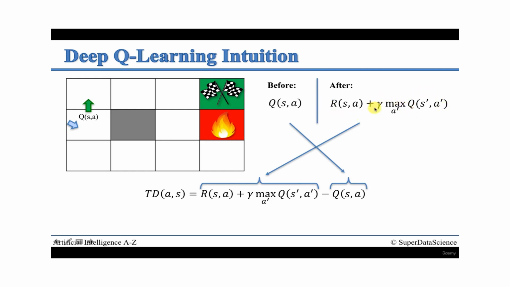Plus, now he can evaluate the value of the current state he's in, which is the maximum of all of the new Q values of the new actions he can take, A prime, in the new state S prime. And we multiply it by the decay factor gamma. So that is essentially the new Q value, or the empirical Q value, that he has just received for taking that action.